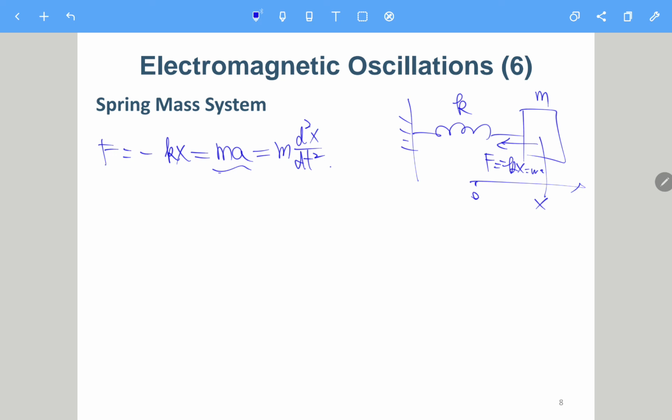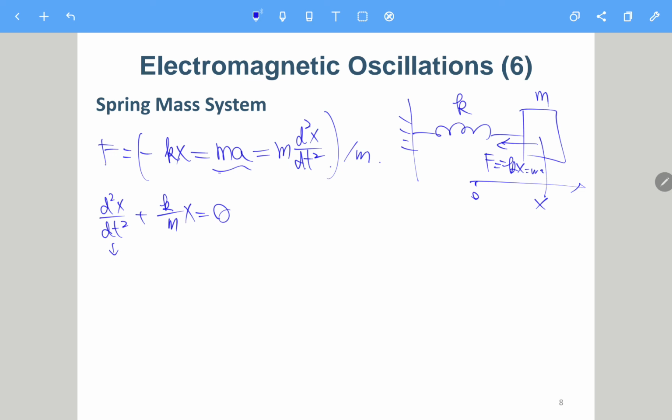Okay, so we can divide m on both sides. We'll get d²x/dt² plus k over m x equals 0. Actually, we can try to solve this equation, and this is a homogeneous equation, so we don't have a particular solution.